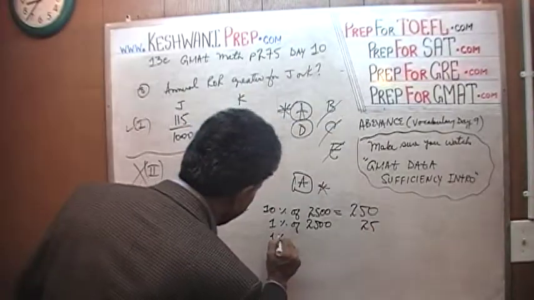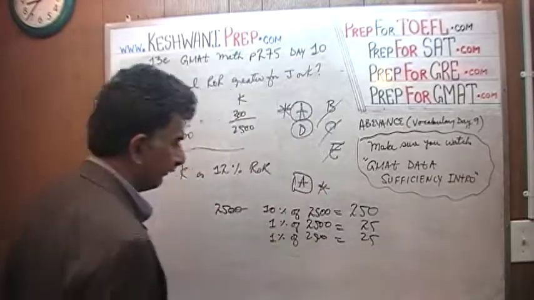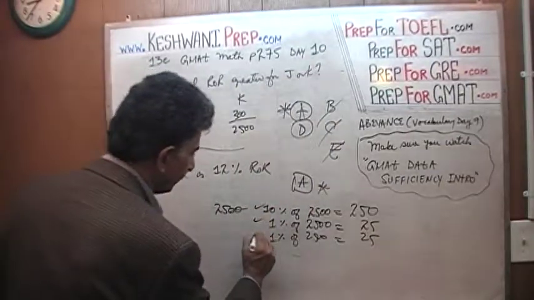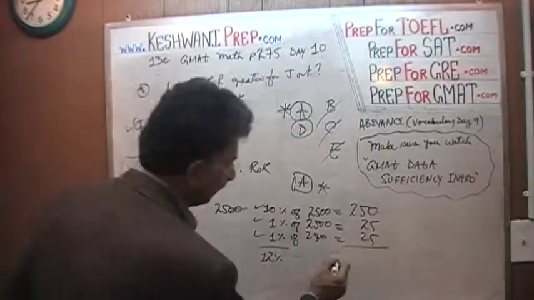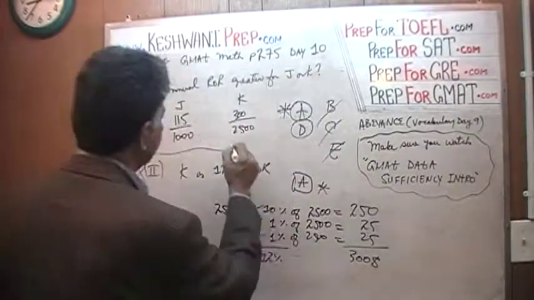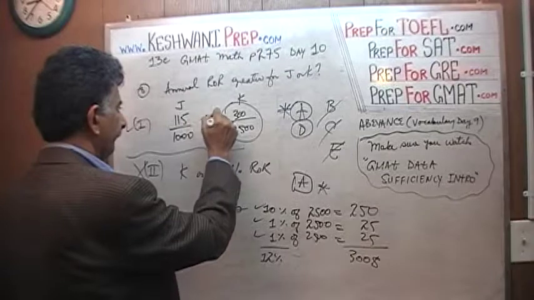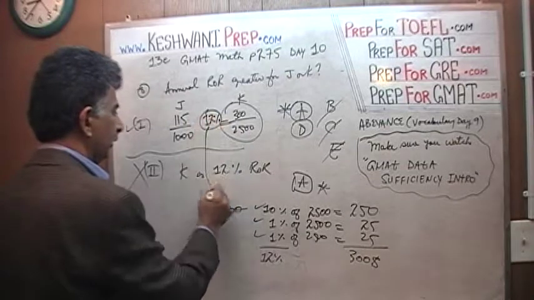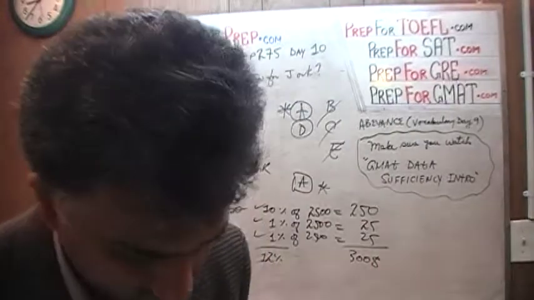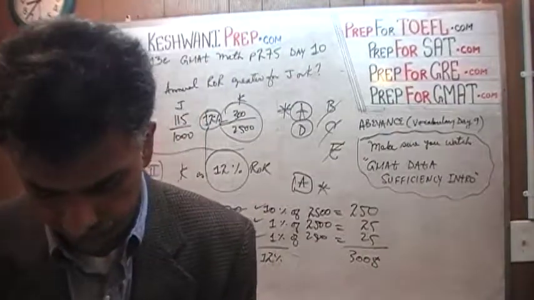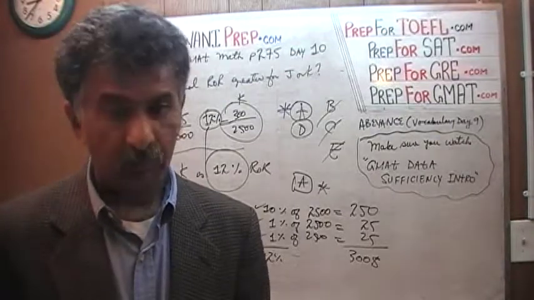And another 1% of 2500 would be another $25. So 10% plus 1% plus 1%, that's your 12% right there. Let's see what these add up to. What do you know? It adds up to $300, just like over here. So this in fact is 12%, and therefore it agrees with what we are told in the second statement. They never contradict each other. They always substantiate each other. That's one way of checking your work, to make sure that nothing has gone cuckoo.